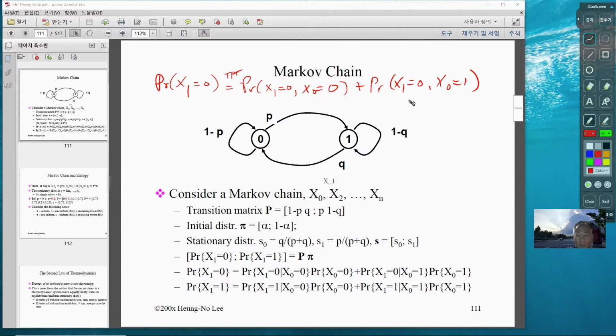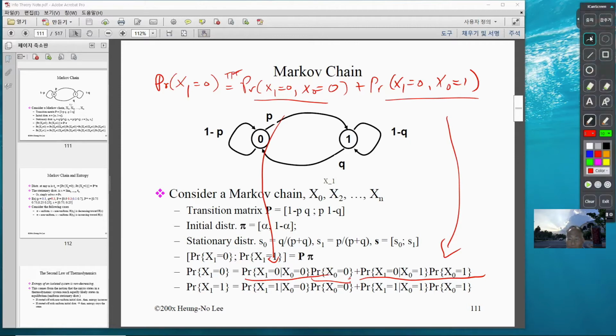And then basically from here you can obtain this part right here. From here you can obtain this part right here. Okay, so that's that.